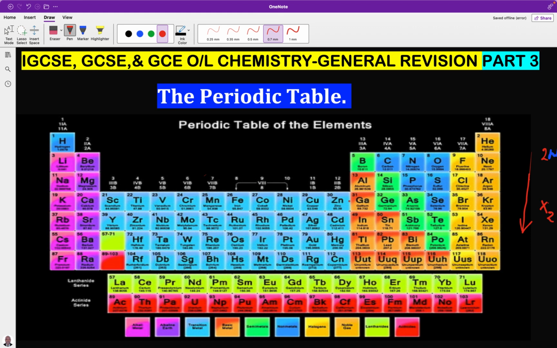We can also say vanadium pentoxide, or vanadium 5 oxide, is used as a catalyst in the contact process for the production of sulfuric acid.